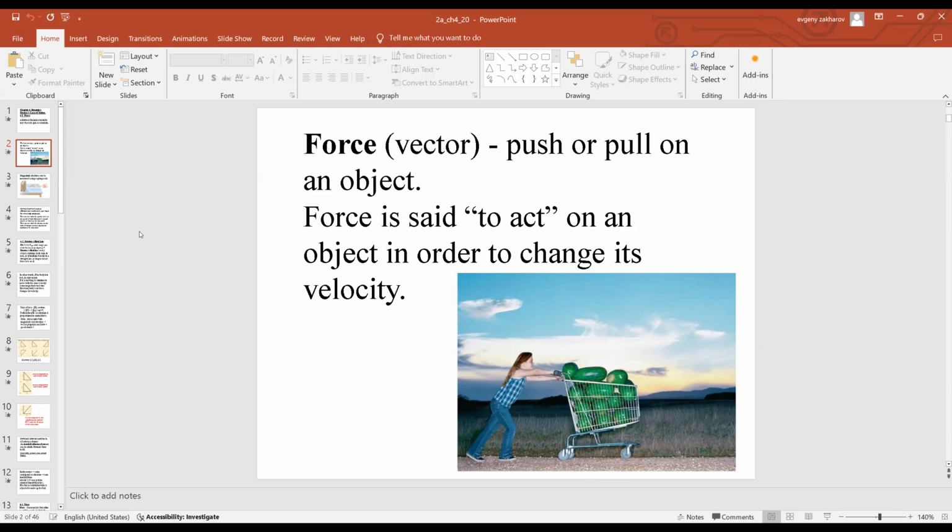Force is said to act on an object, and force will change the object's velocity. And change in velocity, that's what we call acceleration. So force changes velocity, and therefore force creates acceleration.